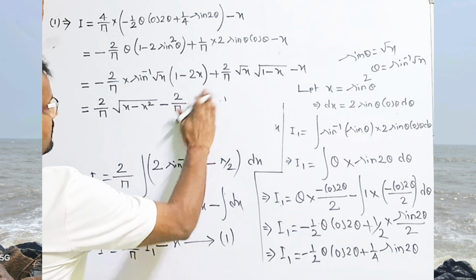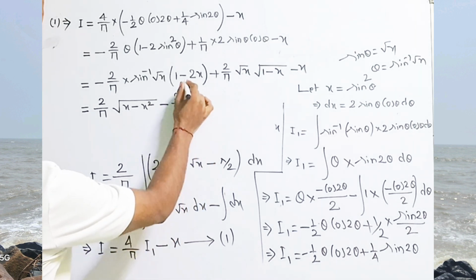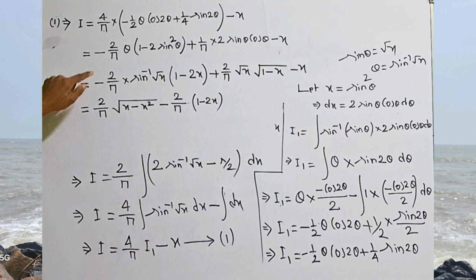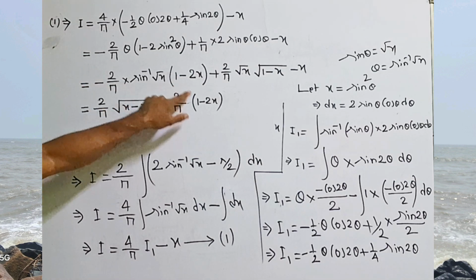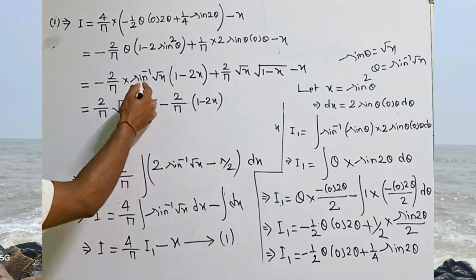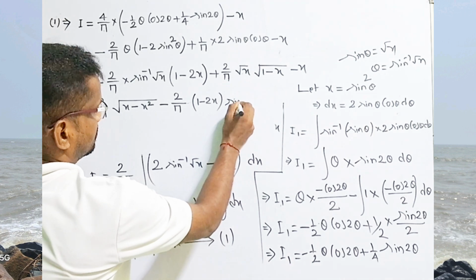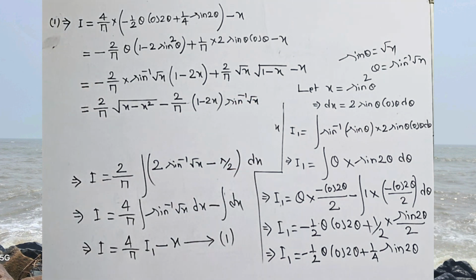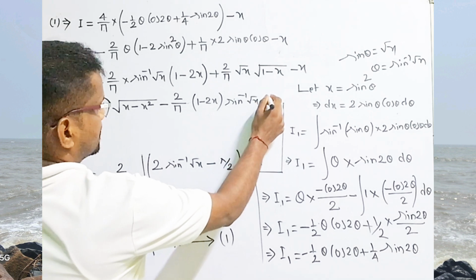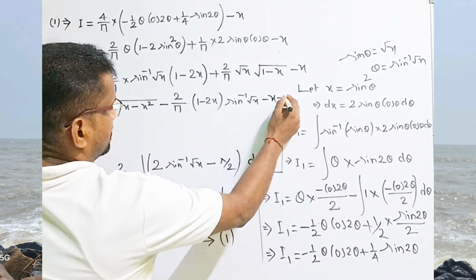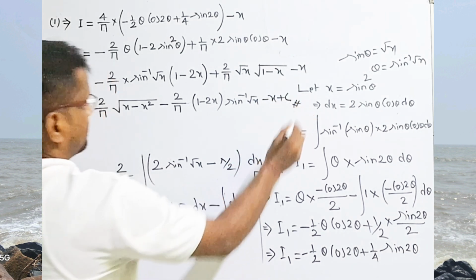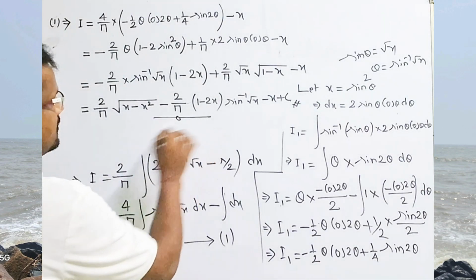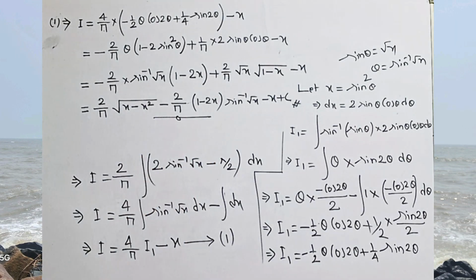Let me write this way: minus 2 by pi into 1 minus 2x, sine inverse root x as it is, and minus x, and at last you can now give the constant of integration plus c, and in your textbook the answer is given in this form. I hope the solution is clear to you.